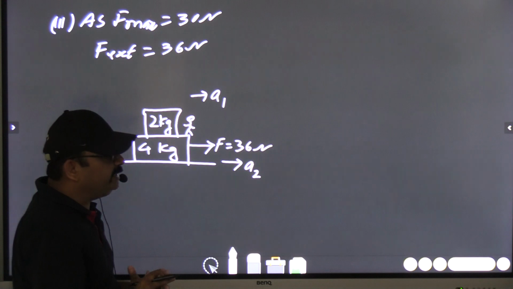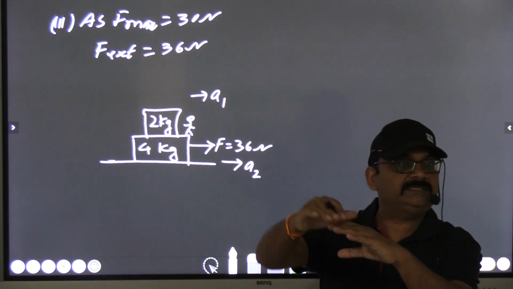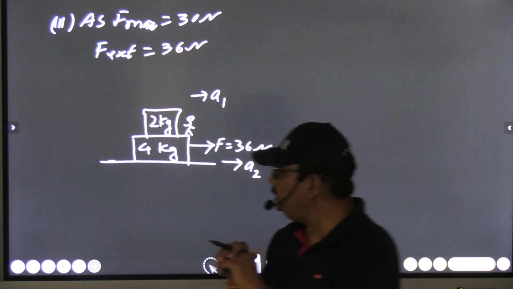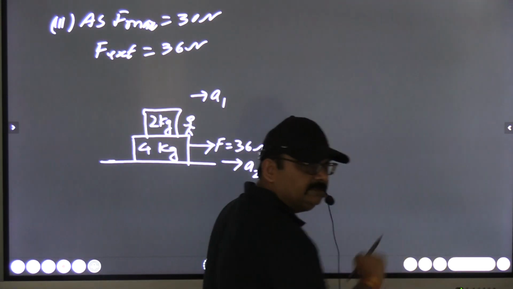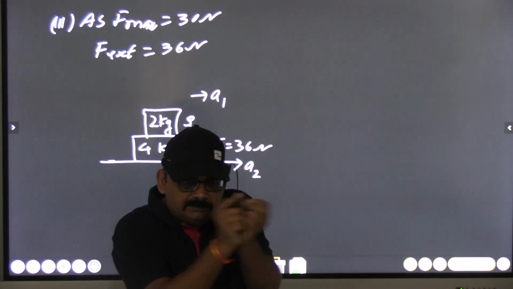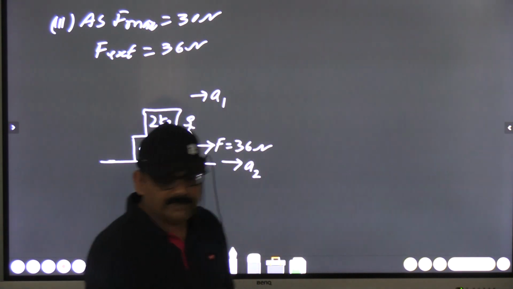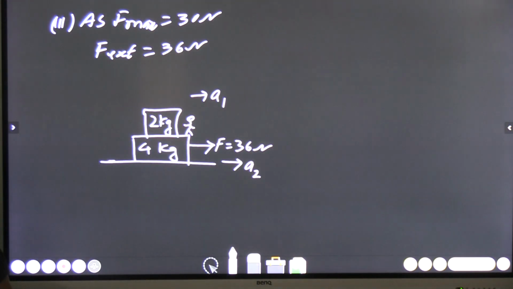Getting this point? The direction of the friction. Suppose a bag is placed on the roof of the bus, right, and bus is accelerating in this direction, right? Then in which direction the bag will tend to fall? In backward direction, right? So this is the situation.